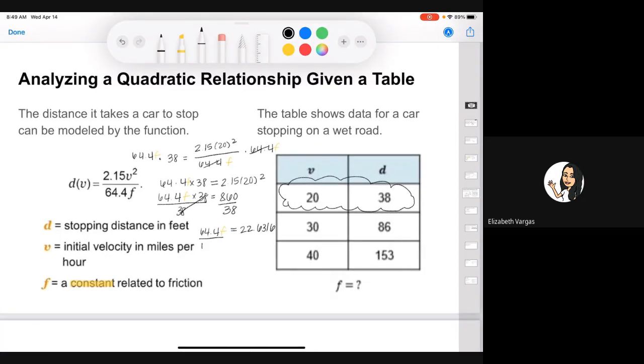Okay, now I need to further isolate my f, and what I'll see there is my f is now equal to approximately 0.35. So now that my f is approximately 0.35, that's what I can plug into my equation.